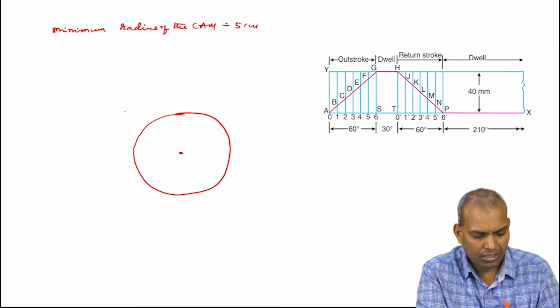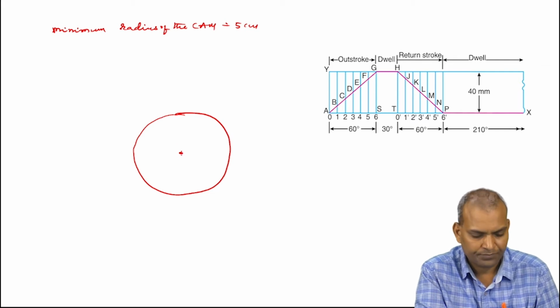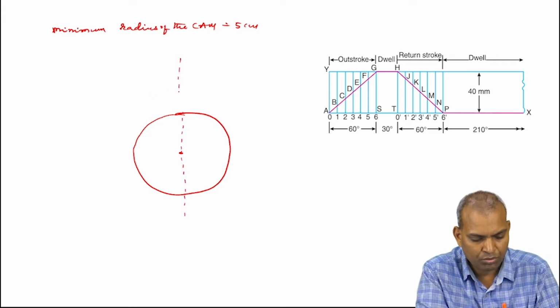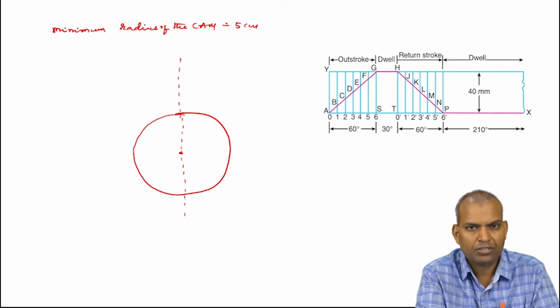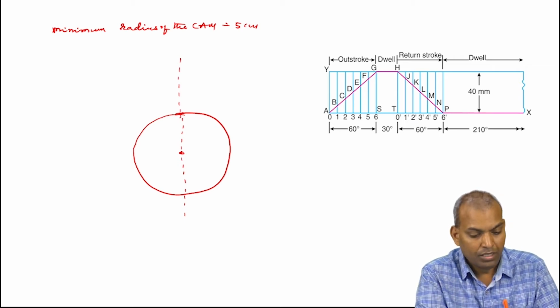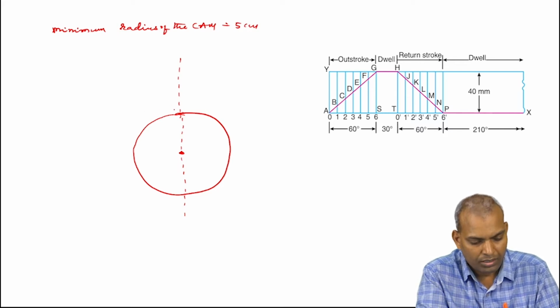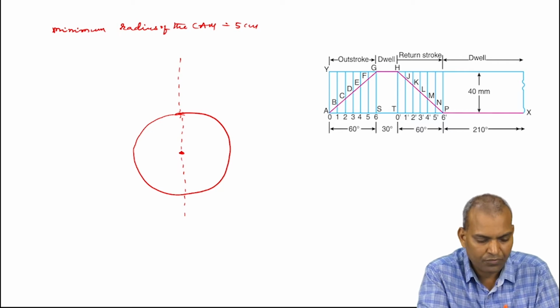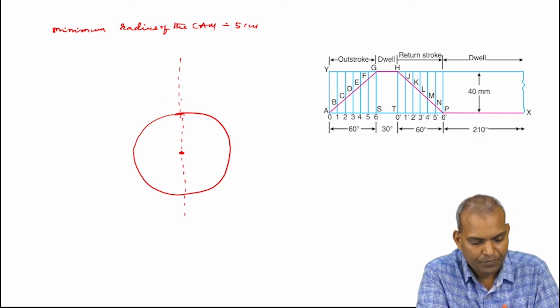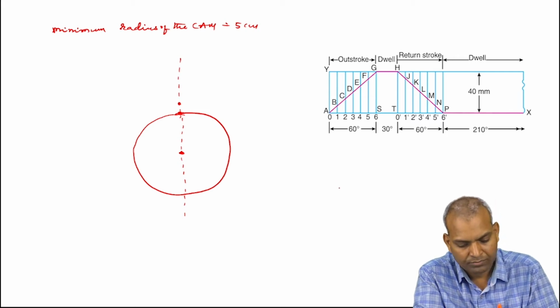So then only you can draw this diagram accurately. Now, this circle is the base circle. The axis of the follower is passing through the center of the axis of the camshaft. This is the first step. The second step is that this is the contacting point of the roller follower. Take 5 millimeter height, make a center, and draw a roller.